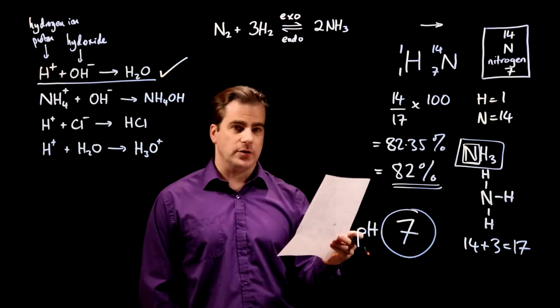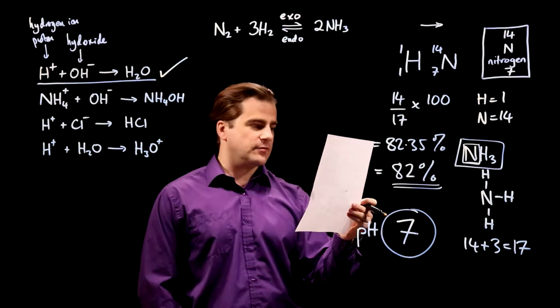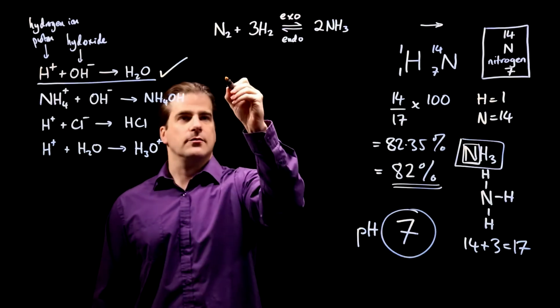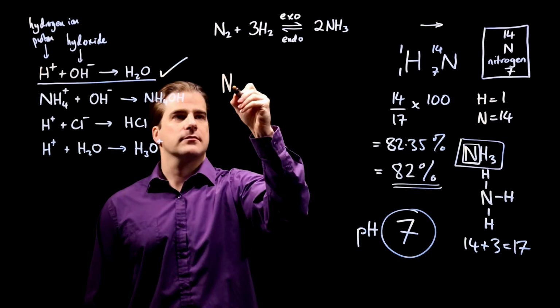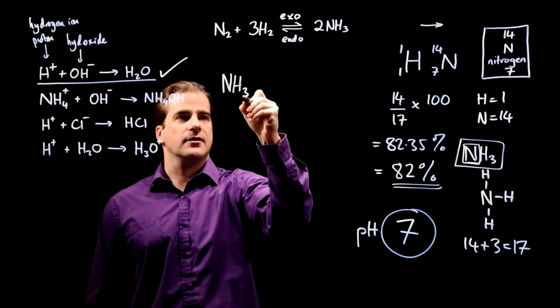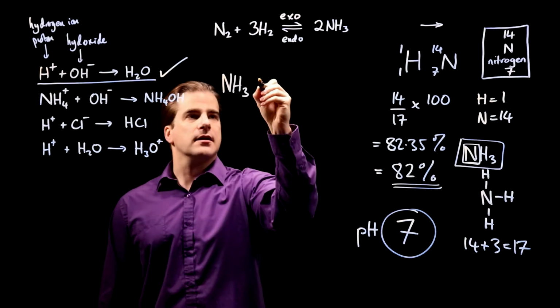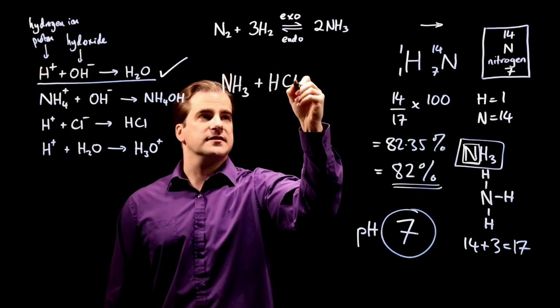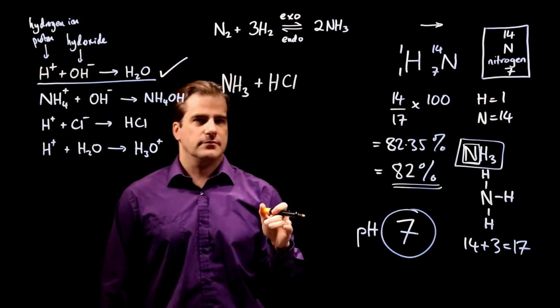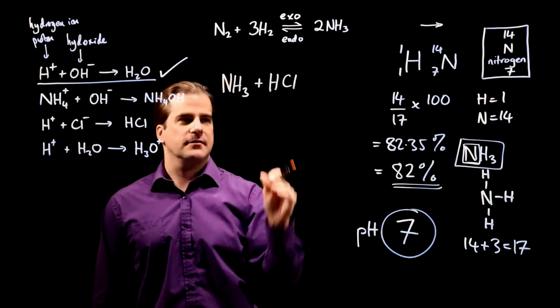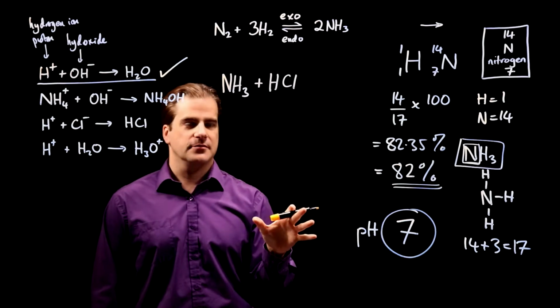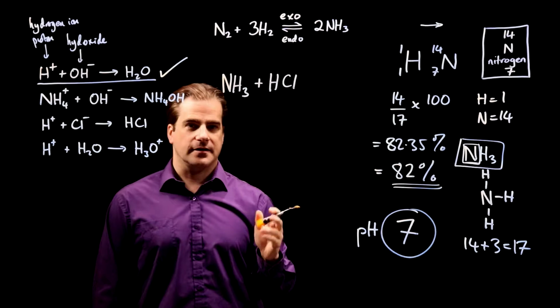Name the salt produced when ammonia reacts with hydrochloric acid. Okay, so ammonia is NH3 and we're reacting it with hydrochloric acid. This reaction would normally be done with HCl in solution.